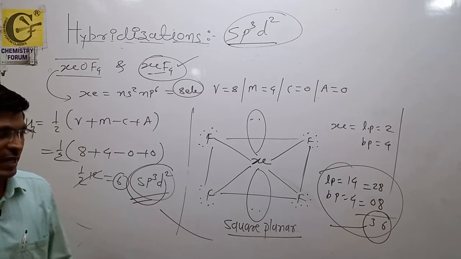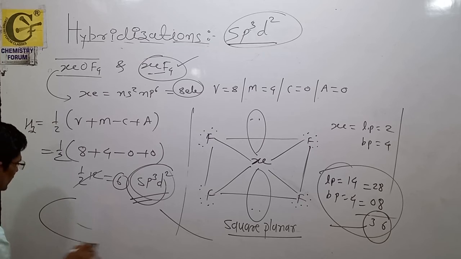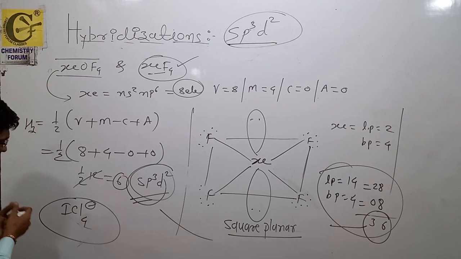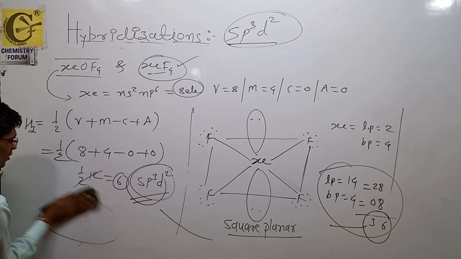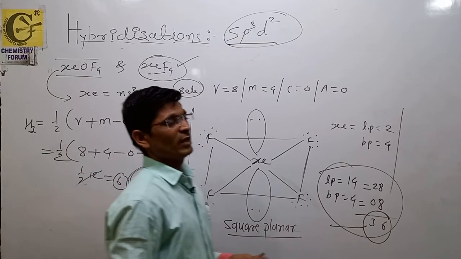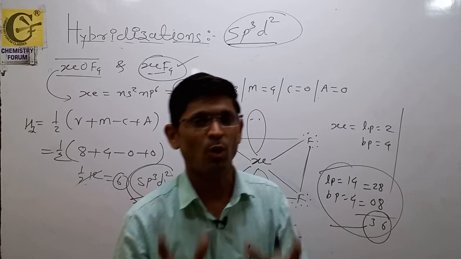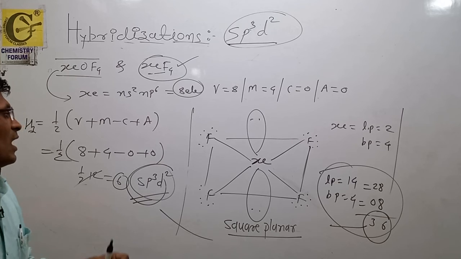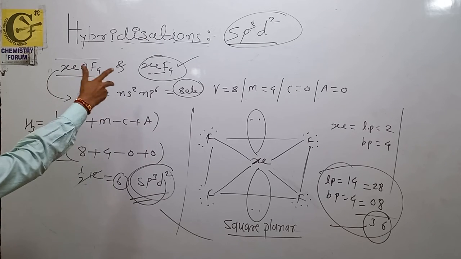As we can say, these are isostructural. Here we can give one more example, that is ICl4 negatively charged. Because this is negatively charged, it possesses sp3d2 hybridization. So all these types of examples of Xe, XeF4 and XeOF4, have sp3d2 hybridization and we can say they are isostructural.